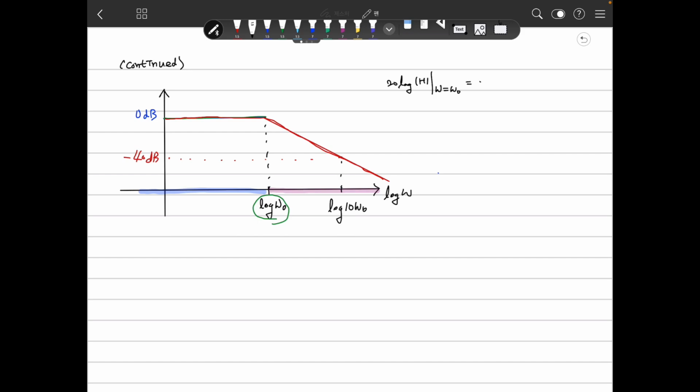This is actually 20 log of 1 over 2 zeta.